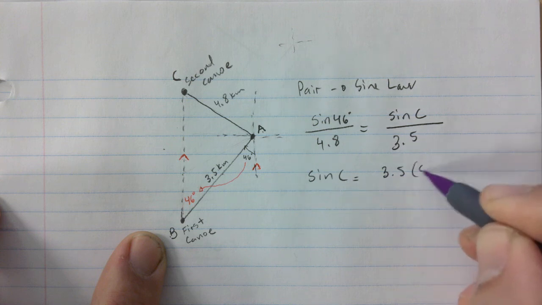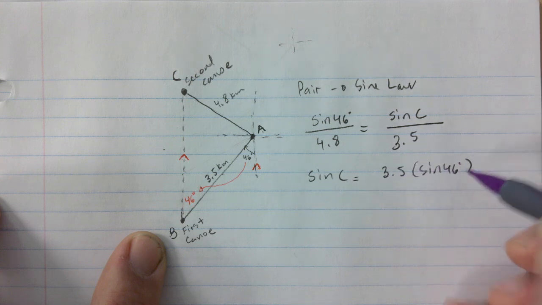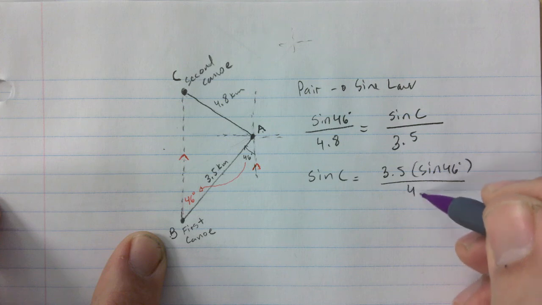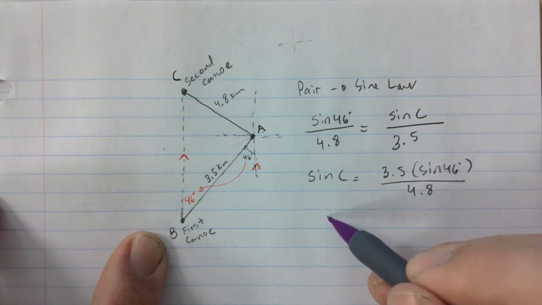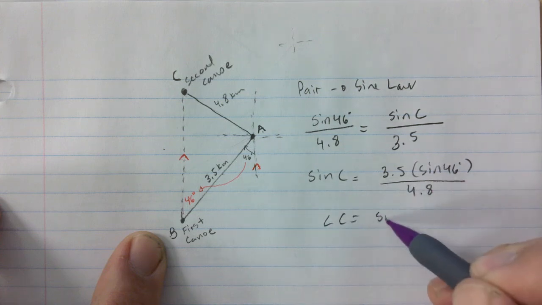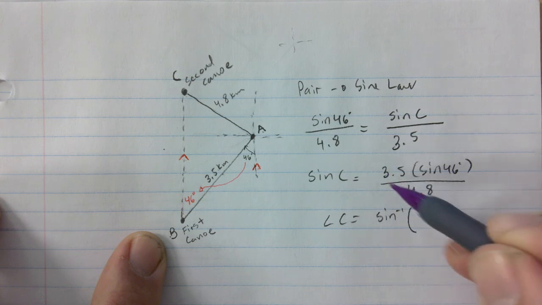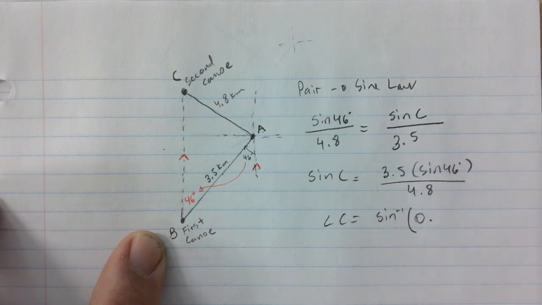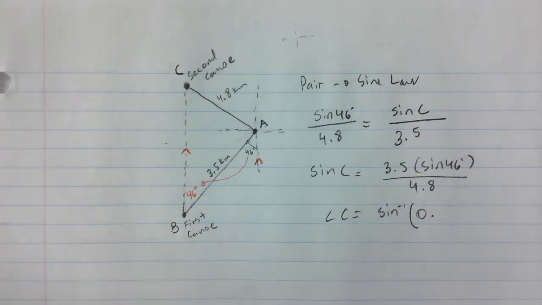Over 4.8. Angle C is going to be sine inverse of this, which I know is going to be 0 point something because Mr. Dirksen told me so, because if I don't, I made a mistake.